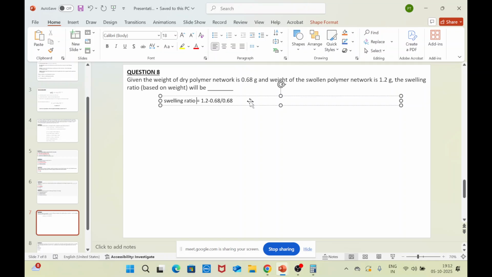So that will be 0.52 by 0.68, so something less than 100%. So this is how you calculate the swelling ratio of the polymer networks.